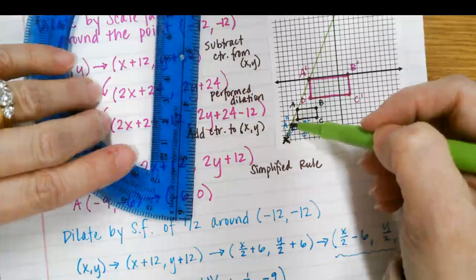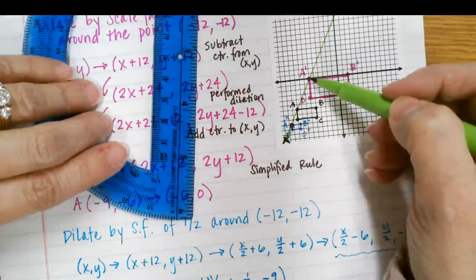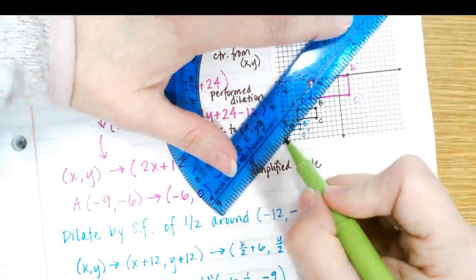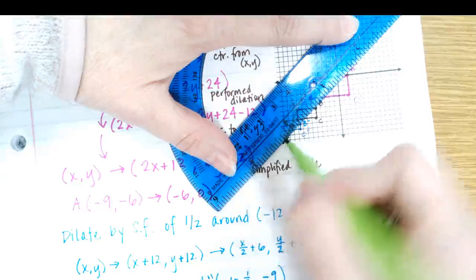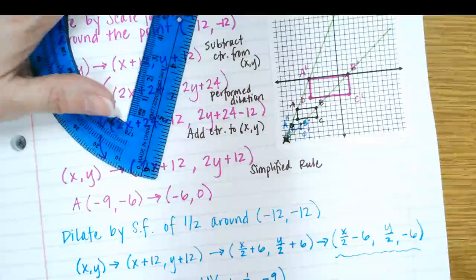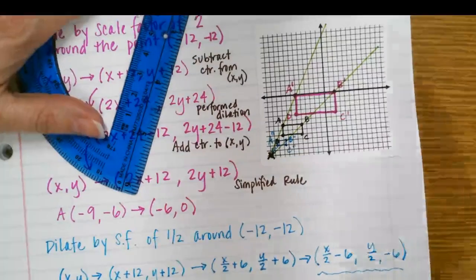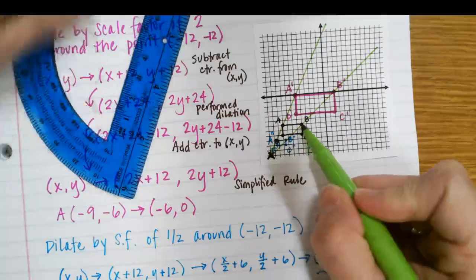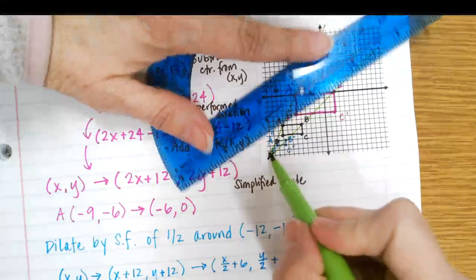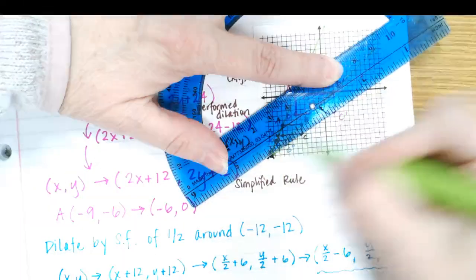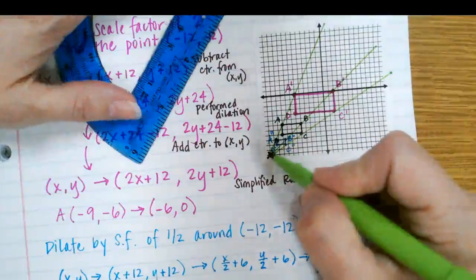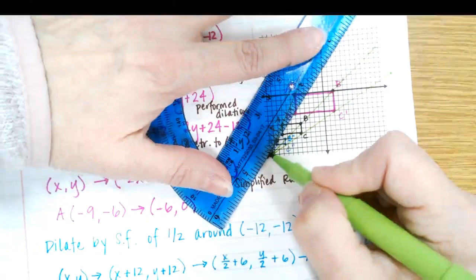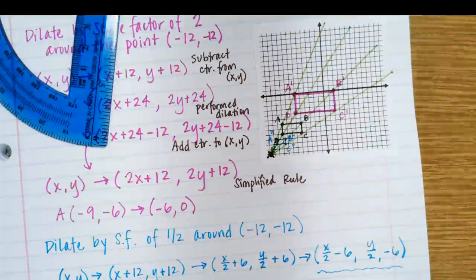So here's my A double prime, here's my A, here's my A prime. I can do the same thing from the center of dilation through all of the points of B. Here's B double prime, the original B, and B prime. I can do the same thing with C, and I can do the same thing with D.